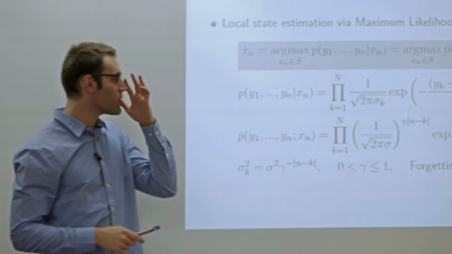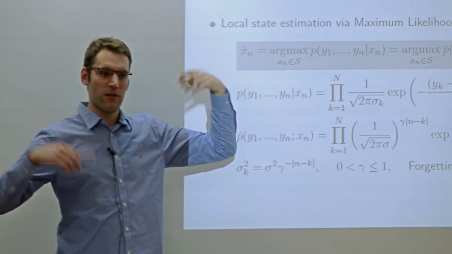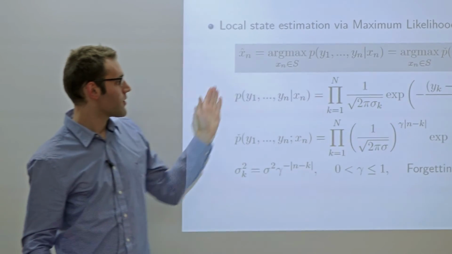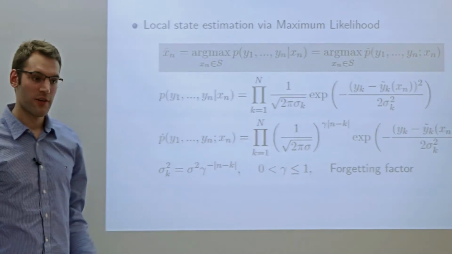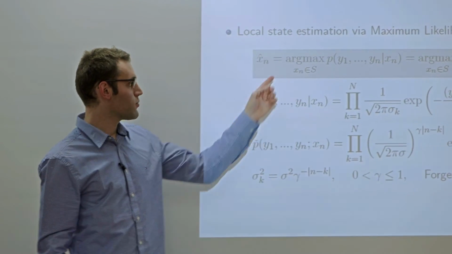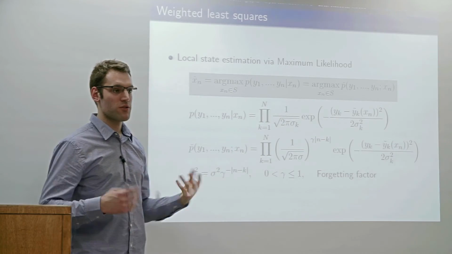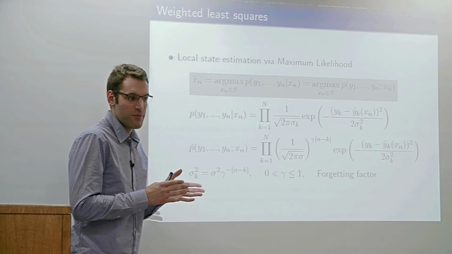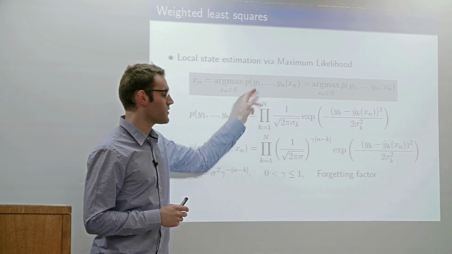And here, when we have observations, and we have our state space model, our autonomous model, we can write down such a likelihood function. And we do the arg max, so we maximize over the likelihood function, which corresponds to a least squares estimation of my states. So x hat n is the arg max over this one.